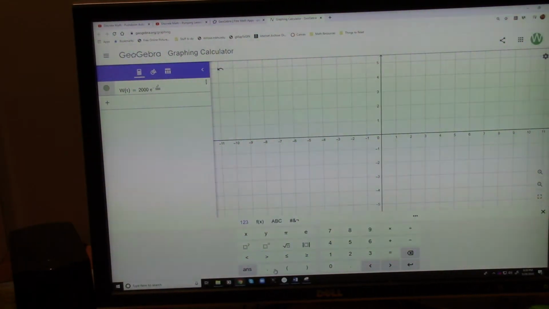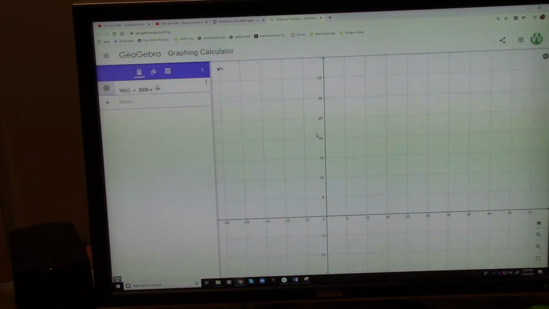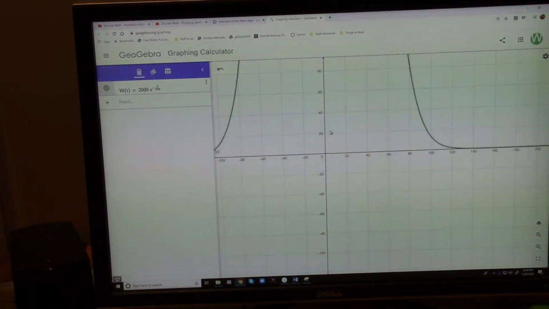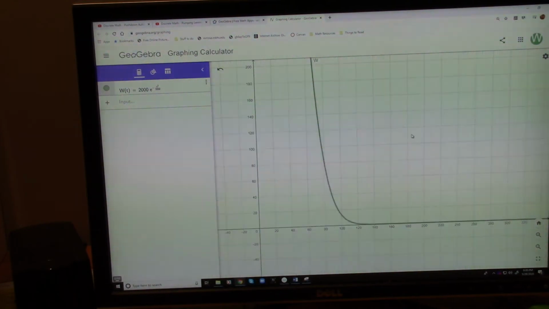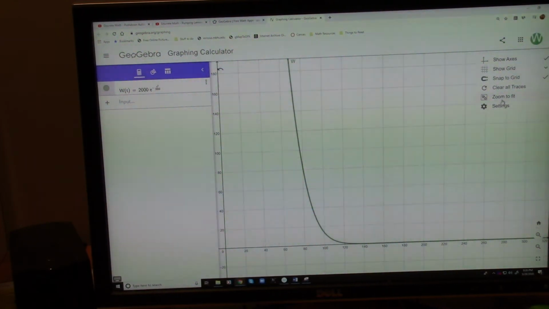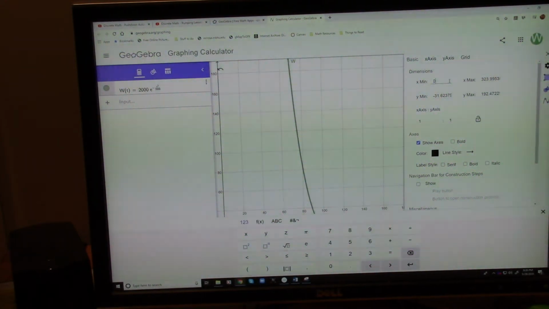Everything is good. Okay, I want to look at this only on the interval 0 to 8, so I go over here. I also don't see the function. I guess it's going to be huge, like 2000, right? So there it is. Well, this window's all messed up, so I'll change my x-min. I only want to go from 0 to 8, first of all.